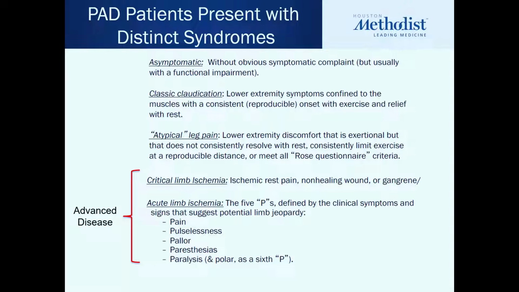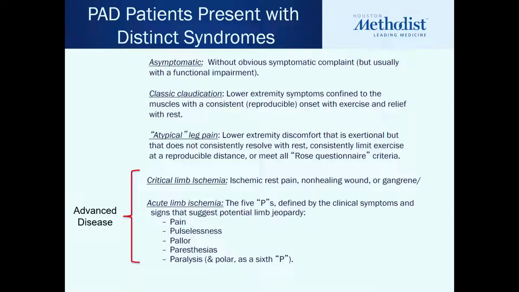The other group of patients, when you're rounding in the hospital, more than likely will present to you with peripheral arterial disease in a completely different manner. Instead of claudication, they're going to present with symptoms of critical limb ischemia or acute limb ischemia, and these are all manifestations of a much more advanced disease. I'll only make mention here that acute limb ischemia is kind of like a heart attack, so we should be aware of it.